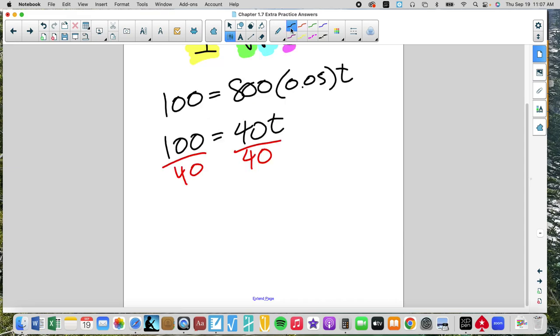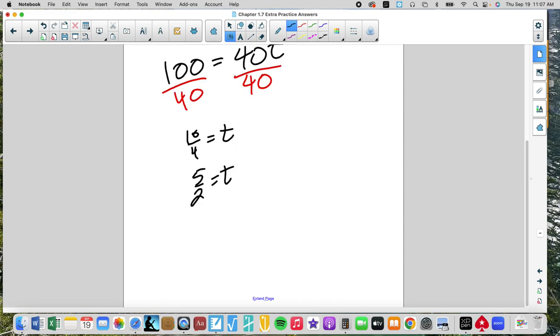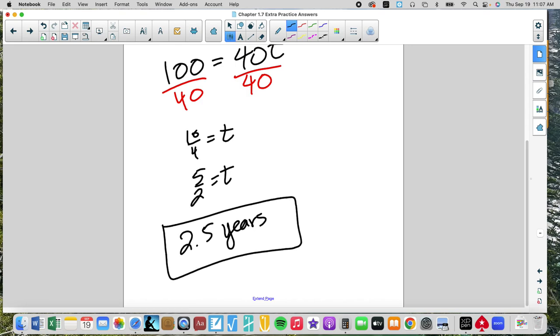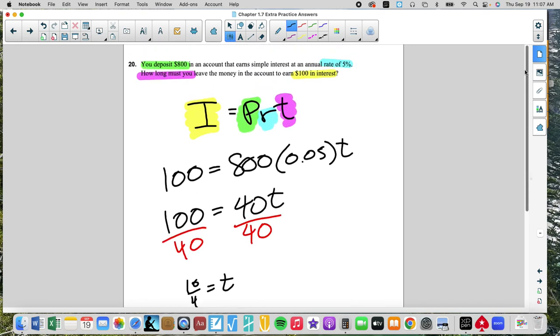And we are going to get 10/4 equals T, which is 5/2, which equals T. But again, 2.5 years. I have units. It's a word problem. Word problems tend to want to include years.